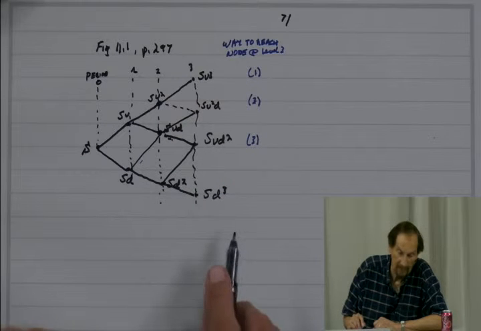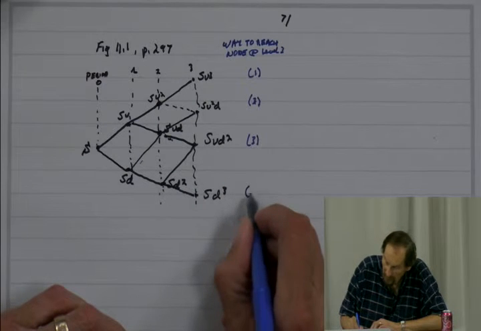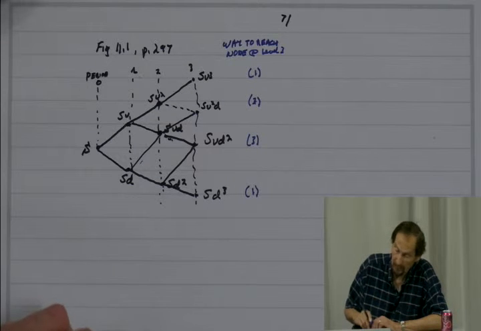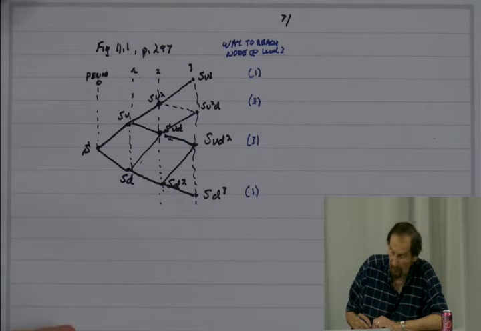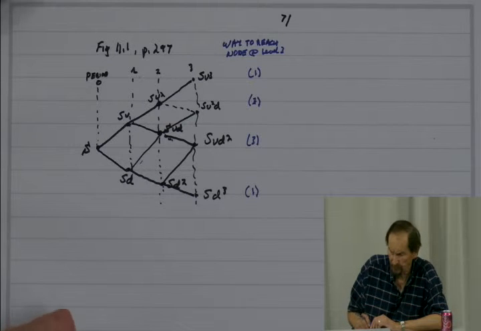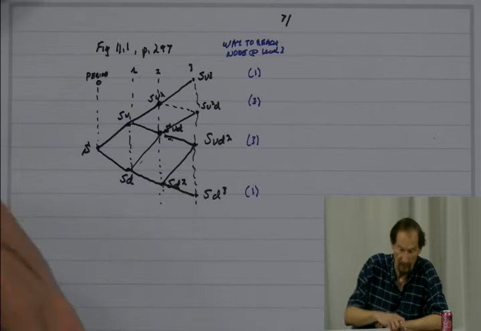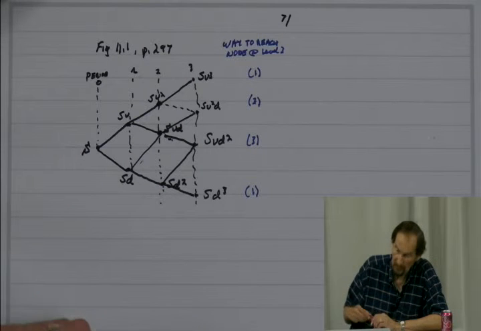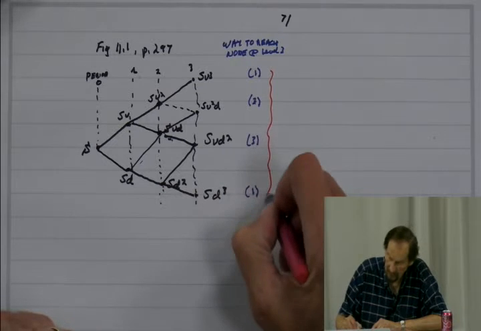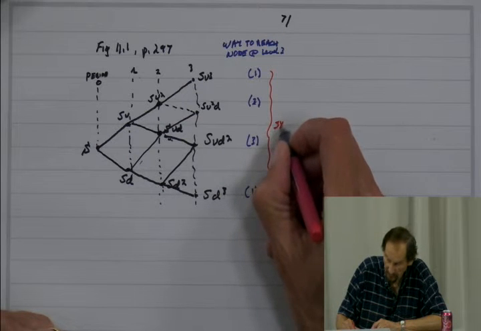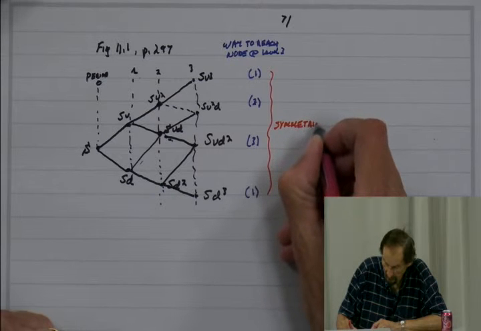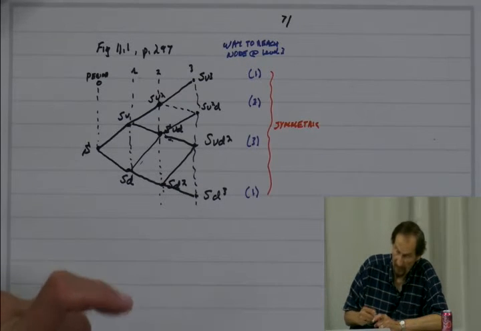Okay, finally, there's only one way to reach SD cubed. The only way we can reach SD cubed is by going down 3 times in a row. And here you see these are symmetric. The number of ways are symmetric here.